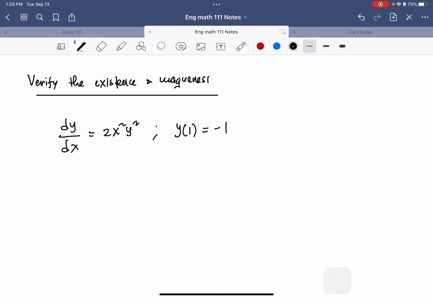Okay, this means x is equal to 1 and y is equal to -1, or we can say that the point will be (1, -1). Now, of course, we can start with some assumption that let f(x, y) be x squared y squared.